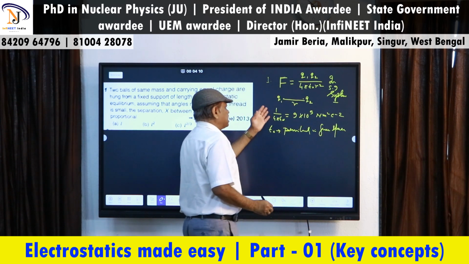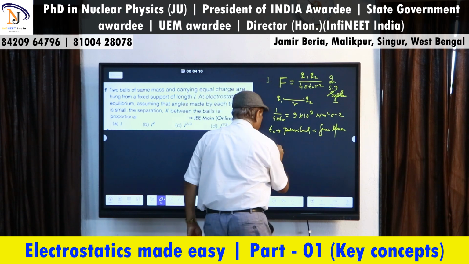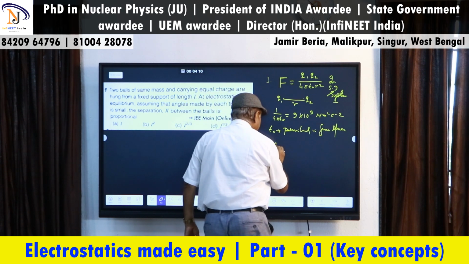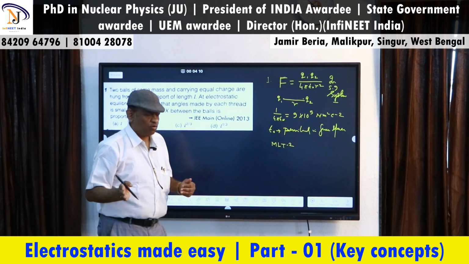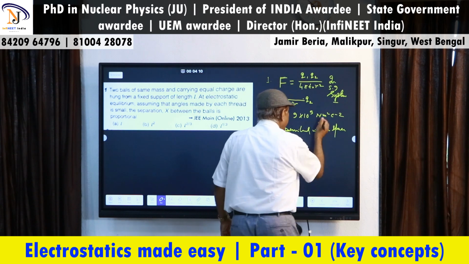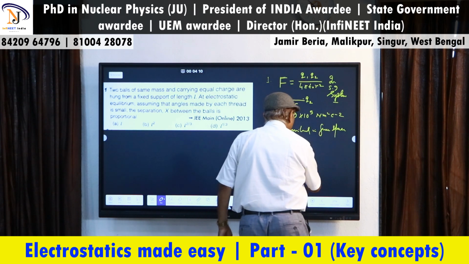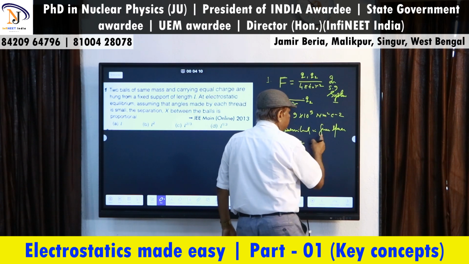Okay, and what is the dimension of this? You know, Newton means M L T to the power minus 2. You just take a note. M square means L square. C means Coulomb.